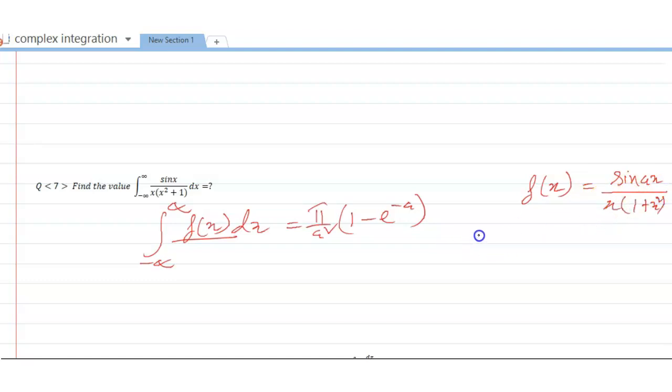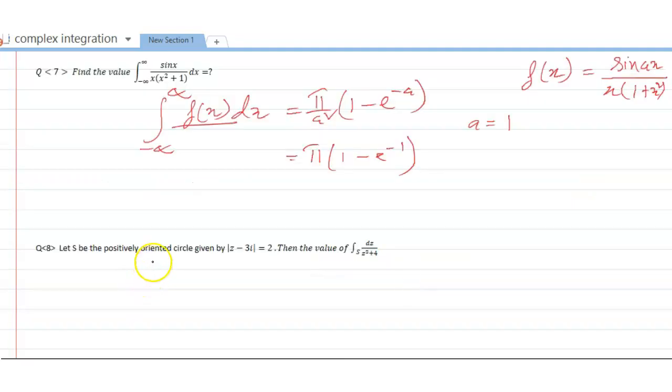Here a equals 1, so the value is pi into 1 minus e to the power minus 1.